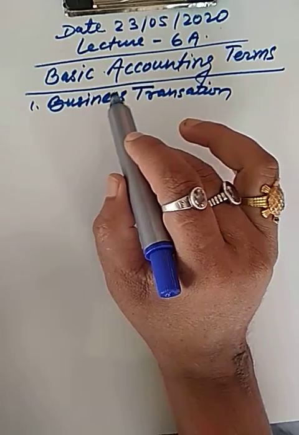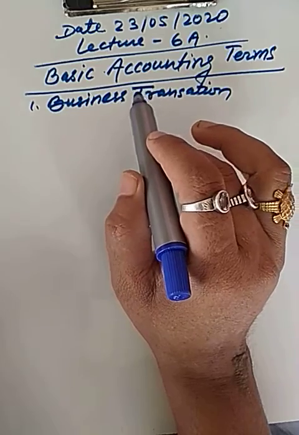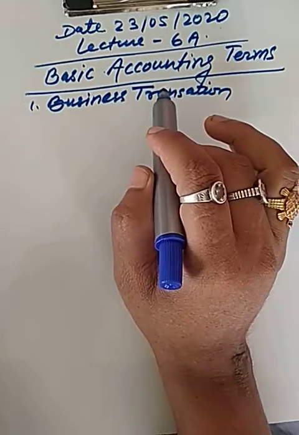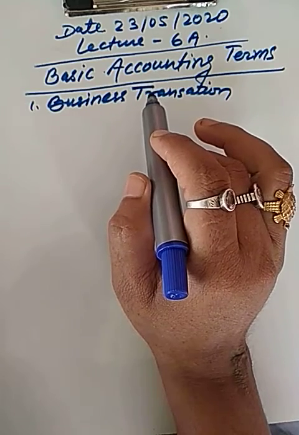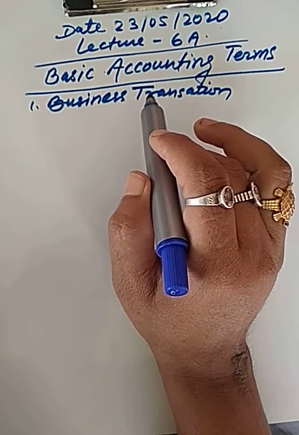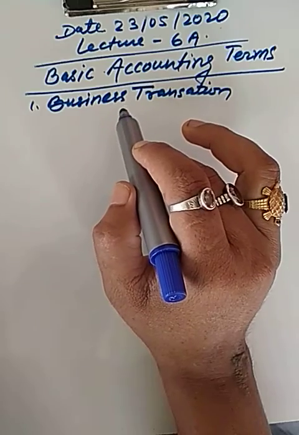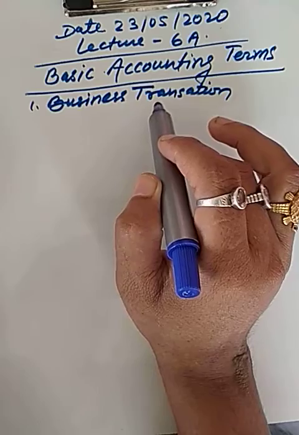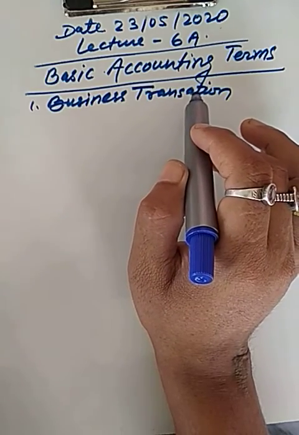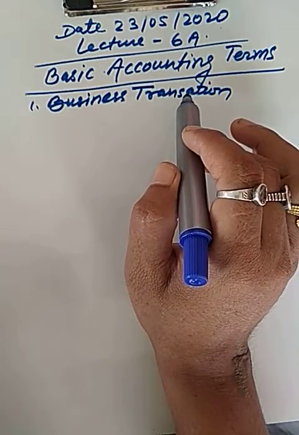It results in a change in the financial position of the firm. So these are called business transactions. Simply we can say, goods purchased from Ram on credit, this is a business transaction.